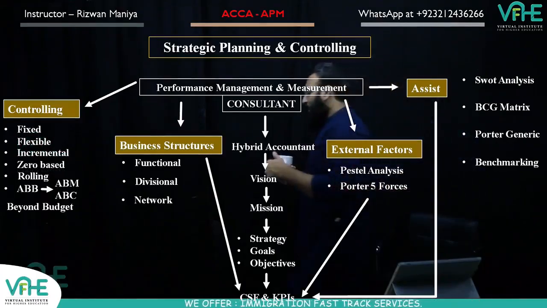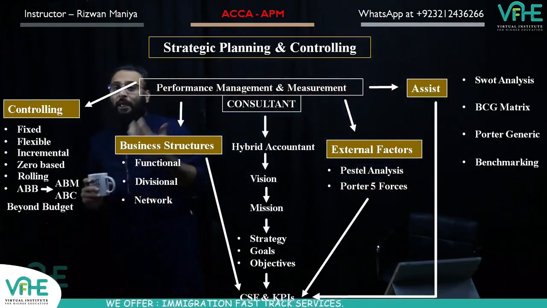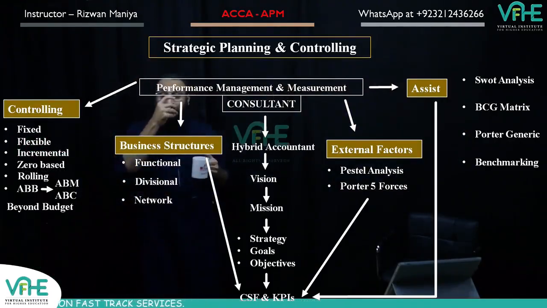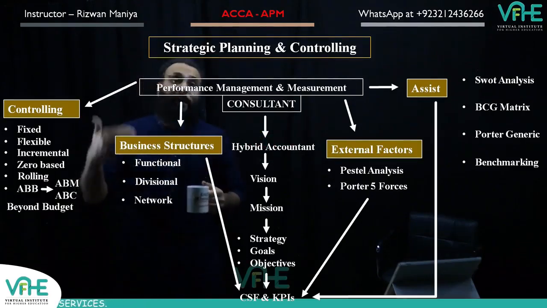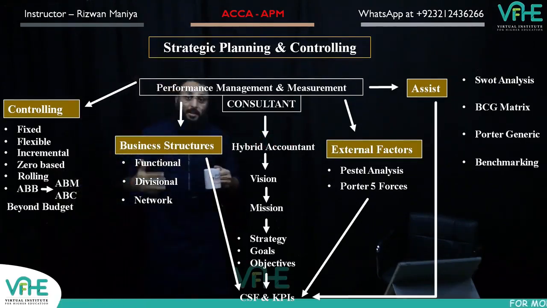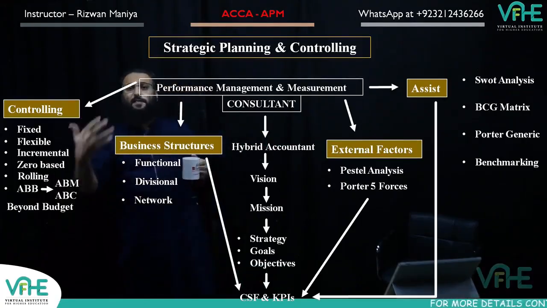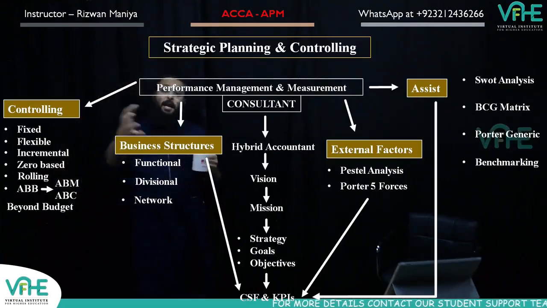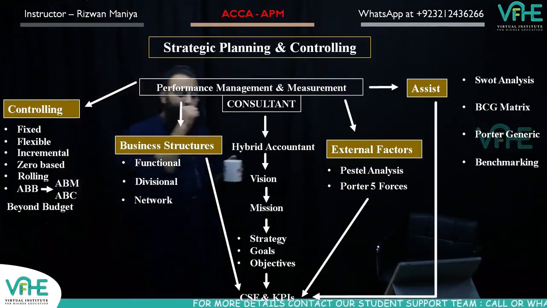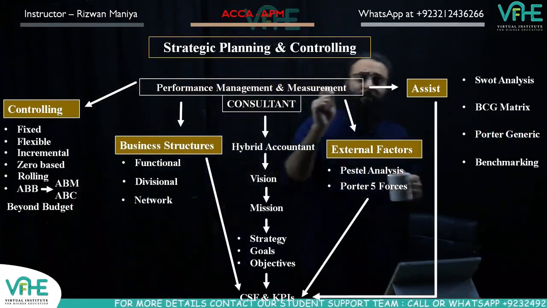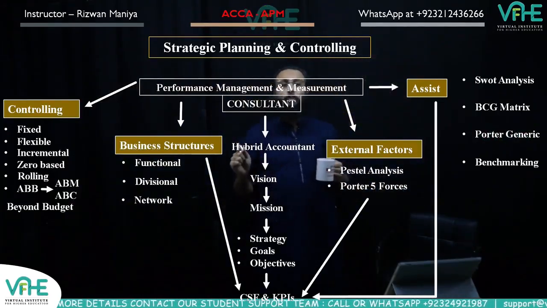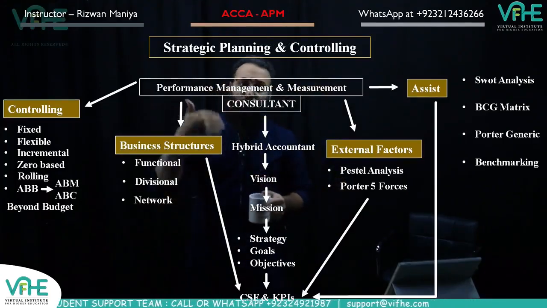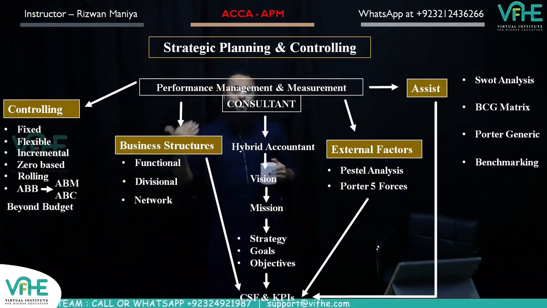When I say strategic ABM, it simply means that after looking at the activities and their consumption, you are able to decide which products to continue, which customers to continue. Because of such a thorough understanding of the activities used by the customers and the products, you exactly know what profits you are getting from the products after the consumption of the activities, and you decide whether to continue with these products and customers or not.